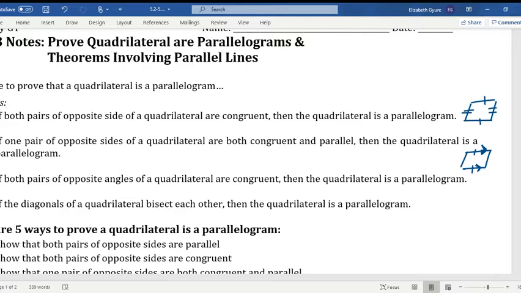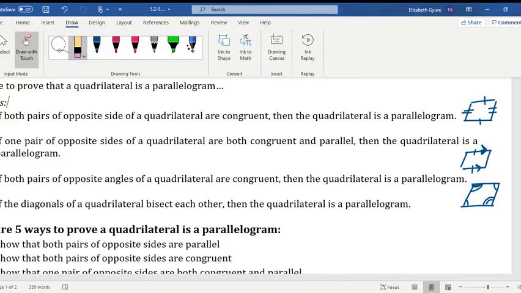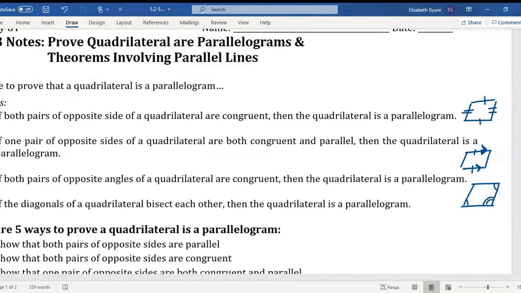If both pairs of opposite angles of a quadrilateral are congruent, then it's a parallelogram. So again, that goes with your opposite angles property, right? If you can show me both sets are congruent, then that works. And then the last way is if the diagonals bisect each other, then it's a parallelogram.